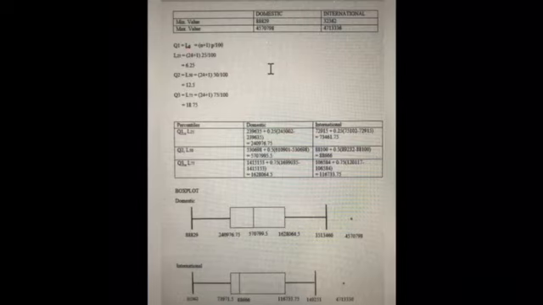The minimum value for domestic is 88829 and the maximum value is 4570798. For international, the minimum value is 32362 and the maximum value is 471336.